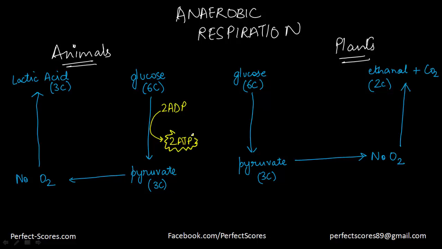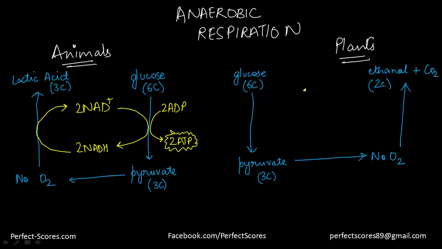So this is the energy, and then the pyruvate in the absence of oxygen gets converted into lactic acid, and two NADH are used up, and the cycle goes like this. So this is what happens in case of animals.